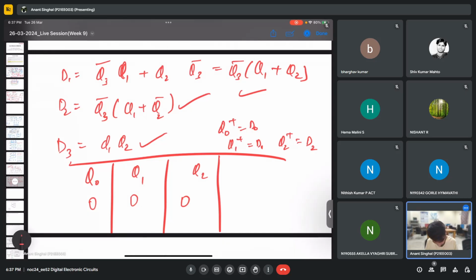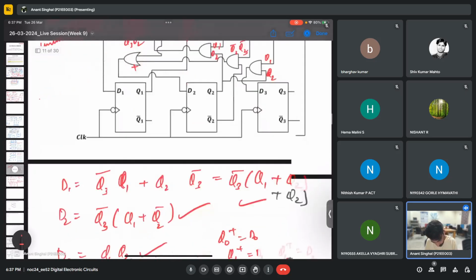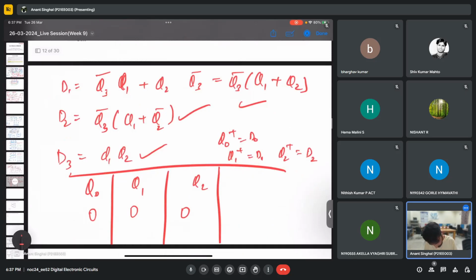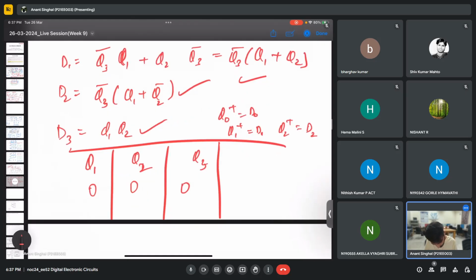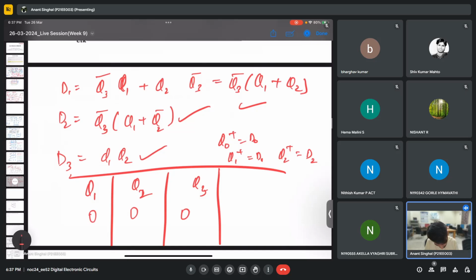So Q1, sorry, it is Q1, Q2, Q3. My bad. This is Q1, Q2, and Q3. Similarly, it will change here, so I'm not changing it. This will be D1. So D1 is this big thing. So Q1 plus Q2 is 0, and then 1 times 0 is 0.